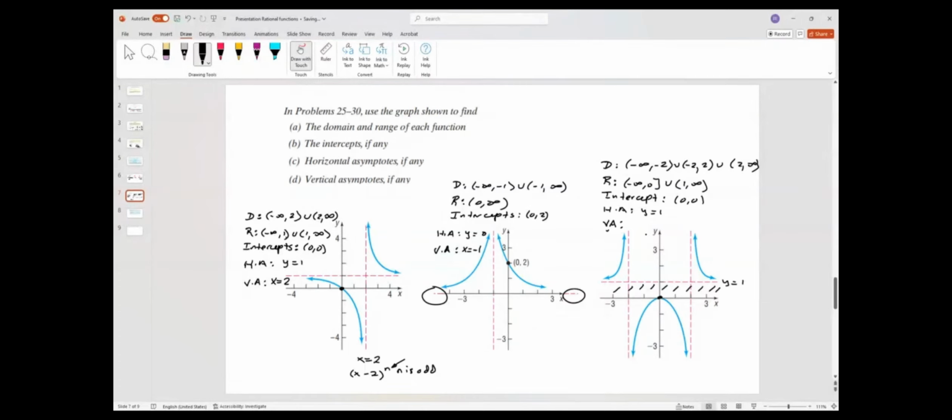And these vertical asymptotes are at x equals -2 and x equals 2. So these two are my vertical asymptotes. These two vertical dashed lines. Like that, we have done the analysis of the graph of the 3 rational functions given.